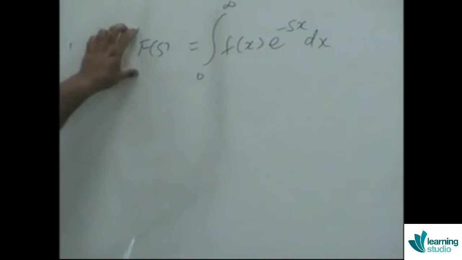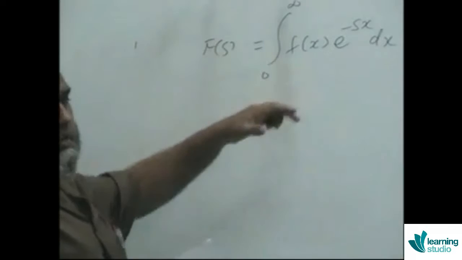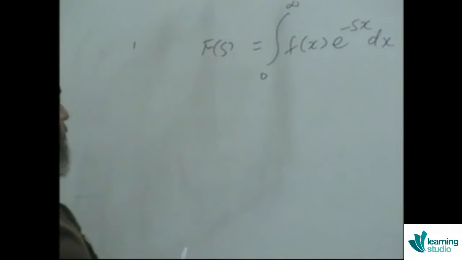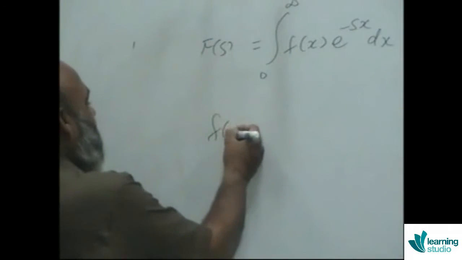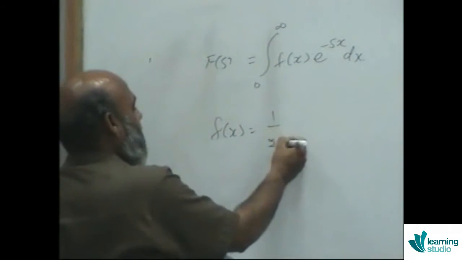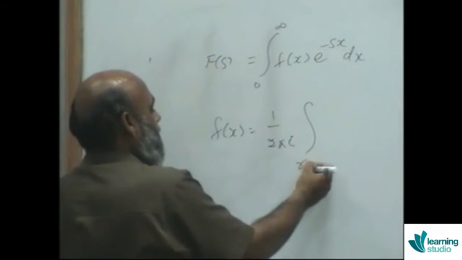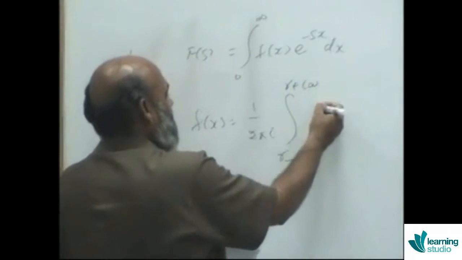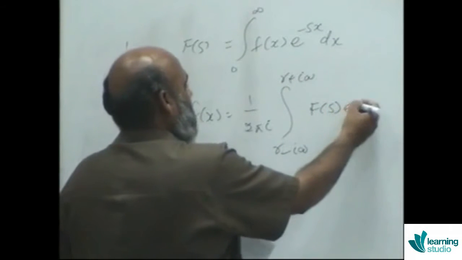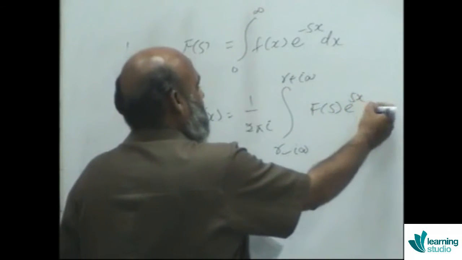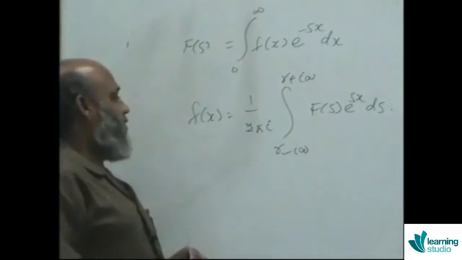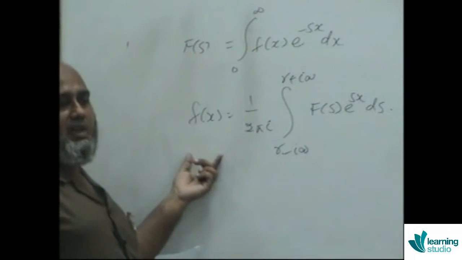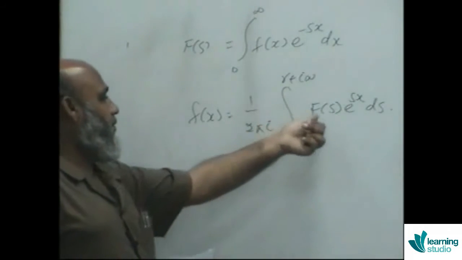So this is called the Laplace transform of these functions. We also need to find its inverse as well. The inverse is defined as 1 over 2 pi iota, integral from gamma minus iota infinity to gamma plus iota infinity, f of s exponential plus sx ds. So this is the inverse Laplace transform of this function.